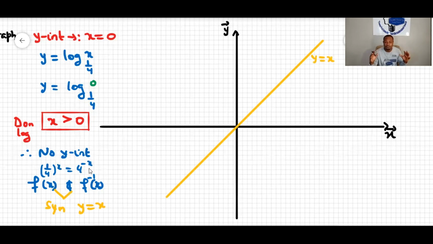Those are the general forms we need to know, because to draw this graph, you need to know the general form of the graph of functions.